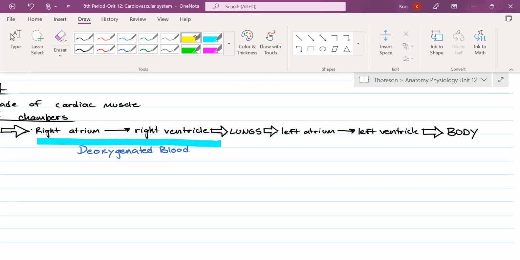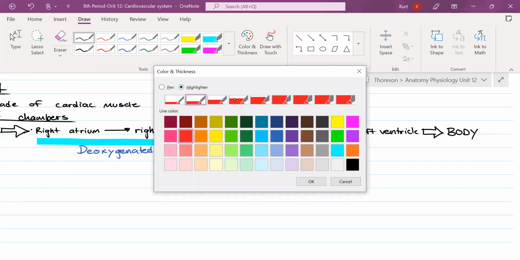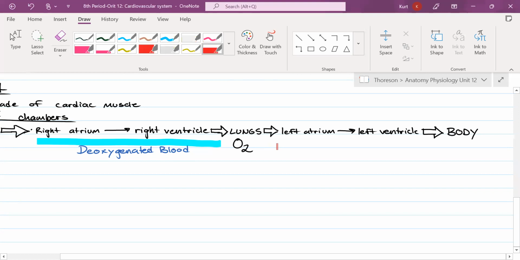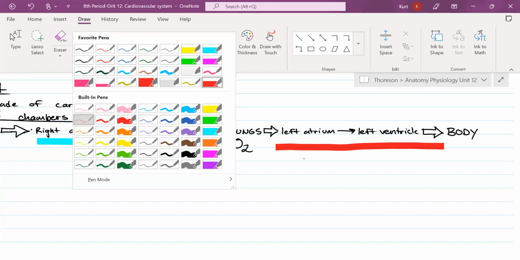What is going to be obtained in the lungs? Oxygen. That's easy. So here you're going to get oxygen, O2. And then we have the oxygenated route or circuit.